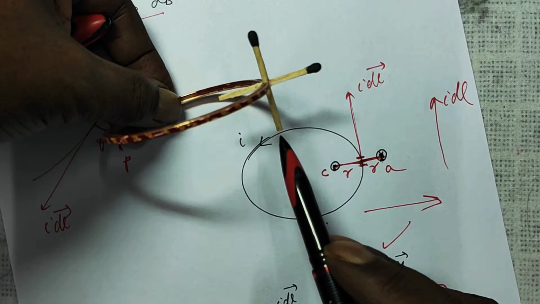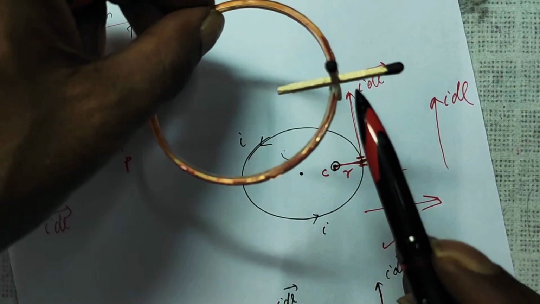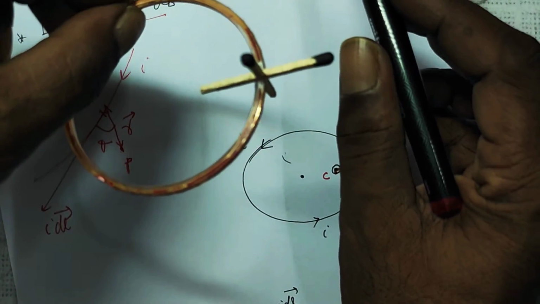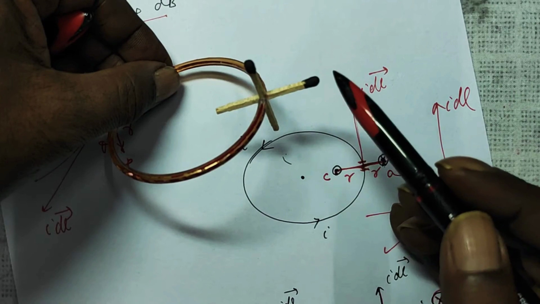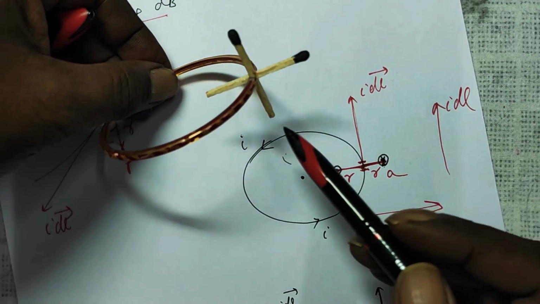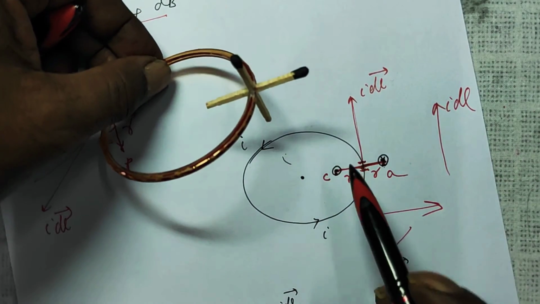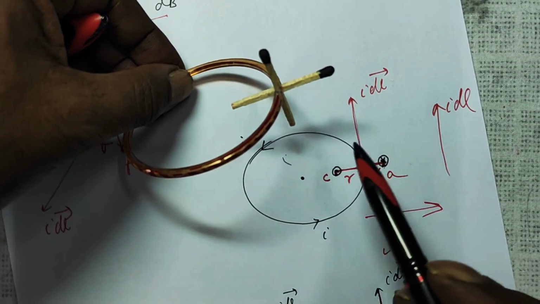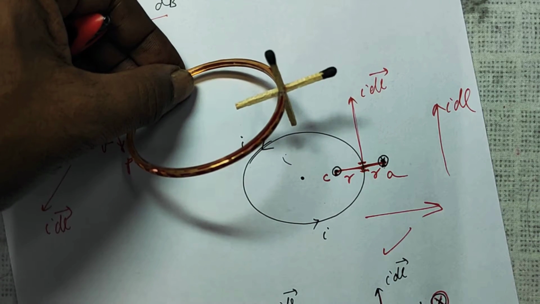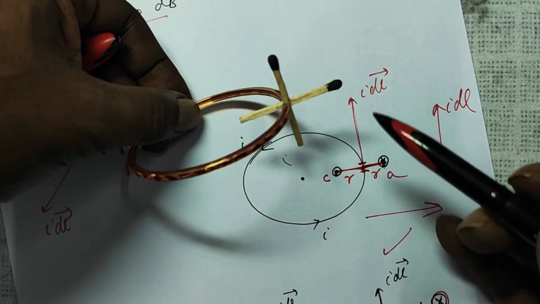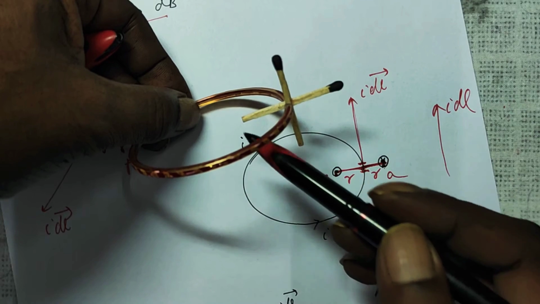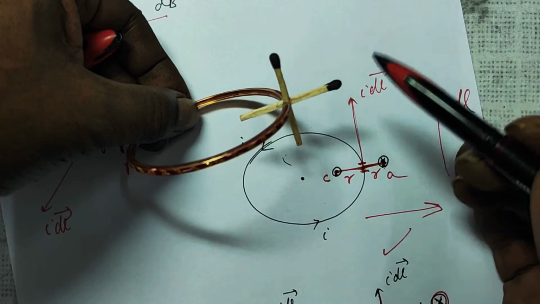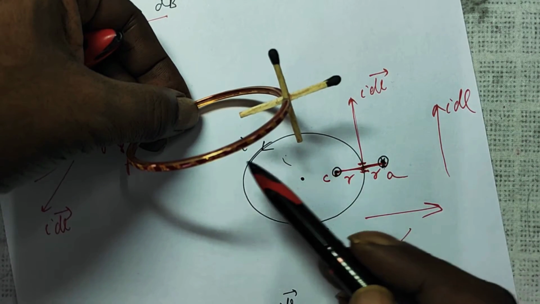Similarly, if you find out here at this point, here Idl is to this side, which is the same for all the 4 points. For this point, r is to this side. So Idl cross r will be to this side. So we have found out the direction of Idl cross r for all these 4 points, A, B, C, D. Here it is this way, here it is this way, here it is this way.